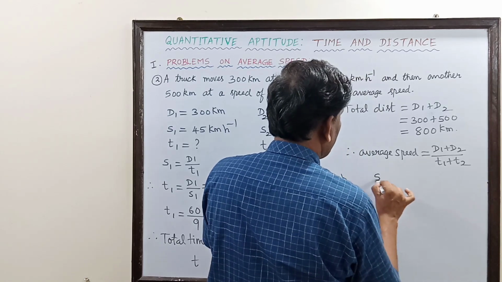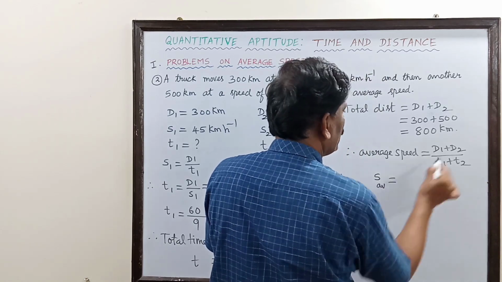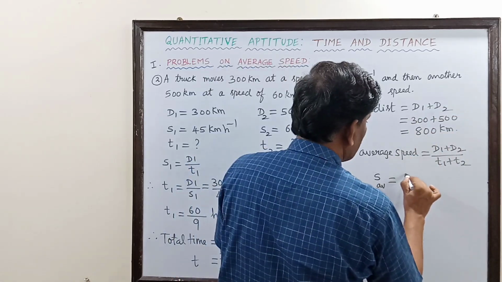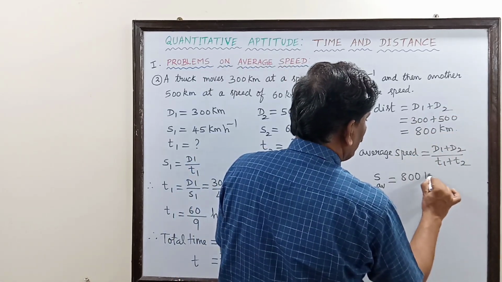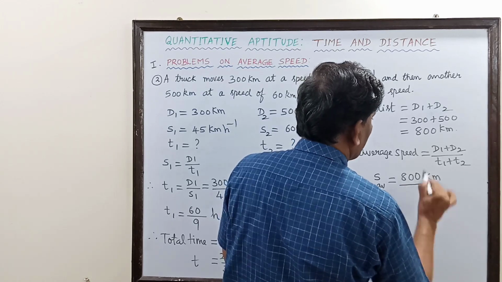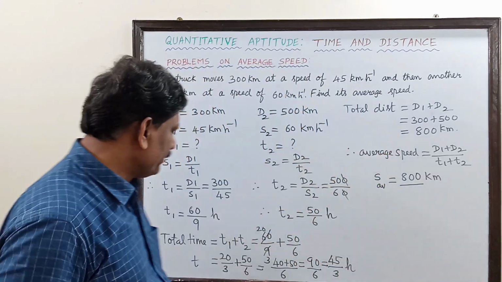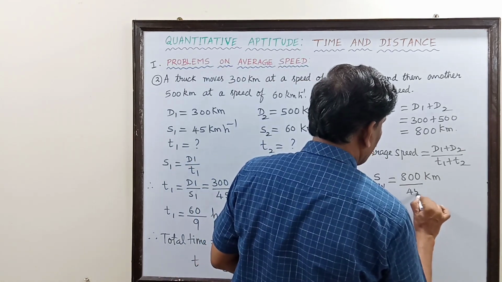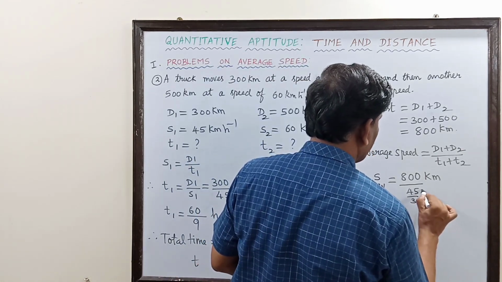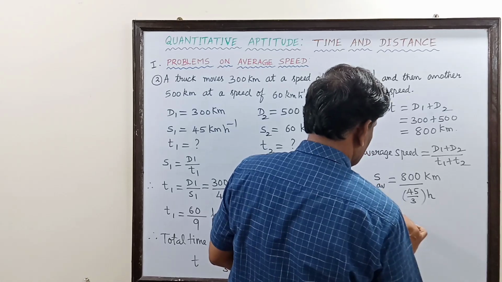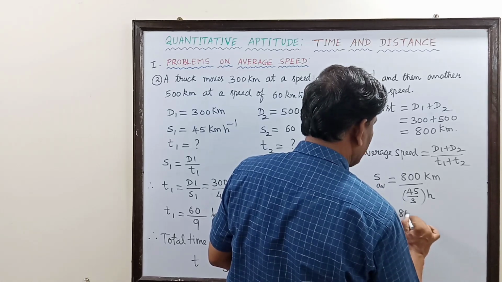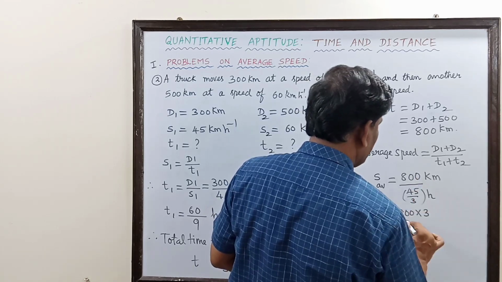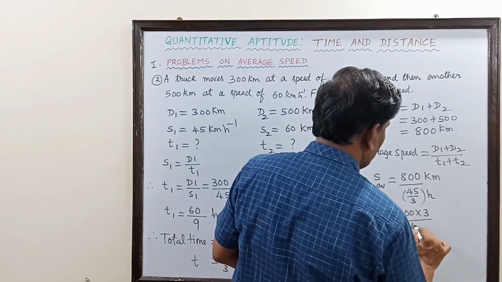So average speed, S average, is equal to d1 plus d2, which is 800 kilometers, divided by the total time taken, which is 45 by 3. So this is 45 divided by 3 hours. So this is now equal to 800 into 3 divided by 45.